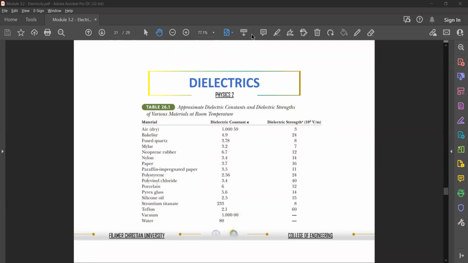For mylar, we have 3.2 and so on. So yung water natin, that is 80. Yan. And yung strontium titanate naman natin is 233. Okay. So take note of this table. No? So these are just approximate dielectric constants and their dielectric strengths. Yan. So this is in terms of volts per meter.